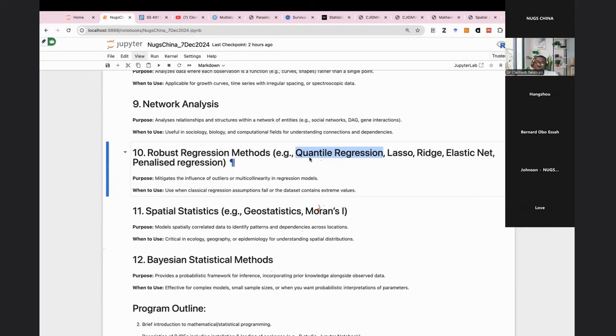But that is not always the case. There are situations where even after data transformation, you still don't achieve normally distributed residuals, okay? And somehow the regression estimate, even the R square, is very low, or let's say the model is a poor fit. It's just because the data is non-normally distributed.